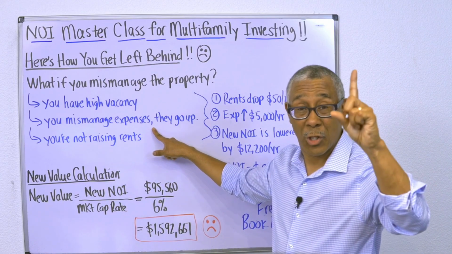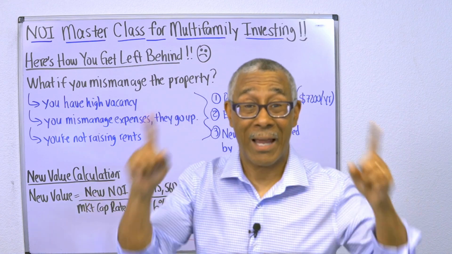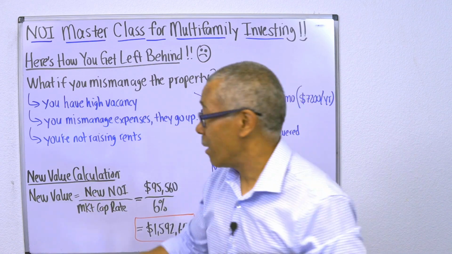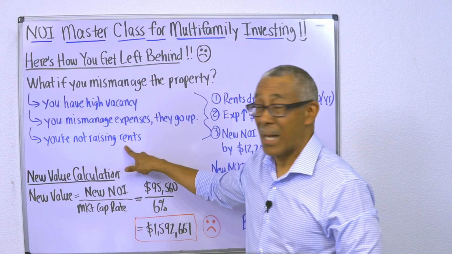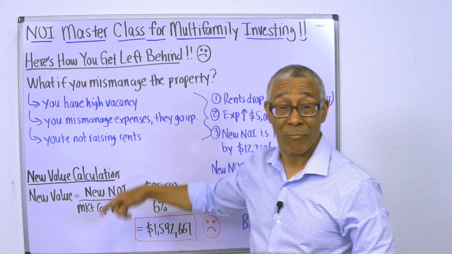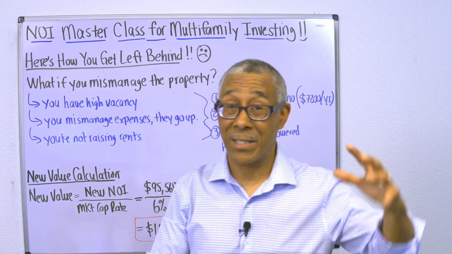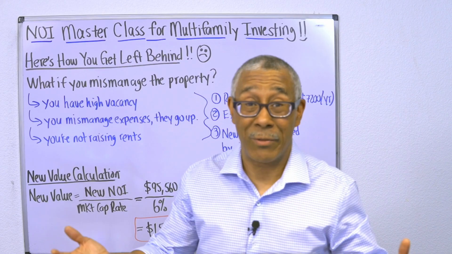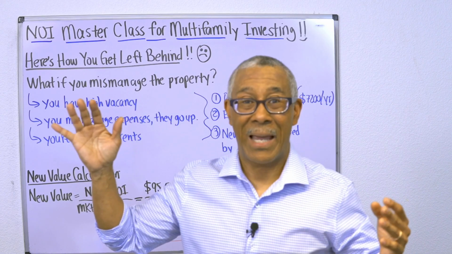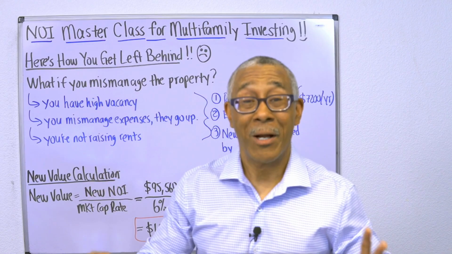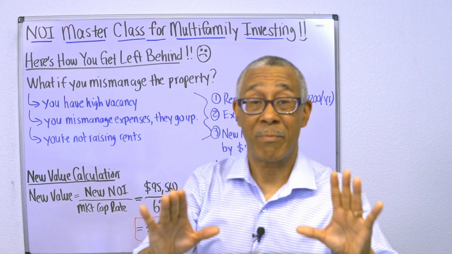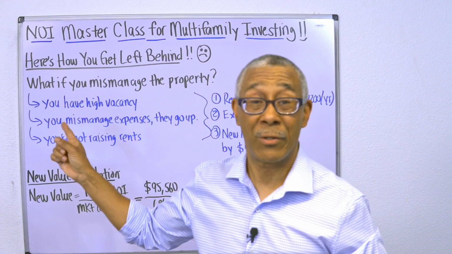Let's say the expenses go up because you took your eye off the ball and you let the property manager spend whatever they want to spend. Or number three, let's say you're not raising rents because again, you took your eye off what the market says the rent should be, or maybe you got a bad property manager. Or maybe your units are not in good condition and maybe you had to lower the rents. I don't know, right? But these are three situations where you have mismanaged your property. So learn from that. You want to do the opposite of that.